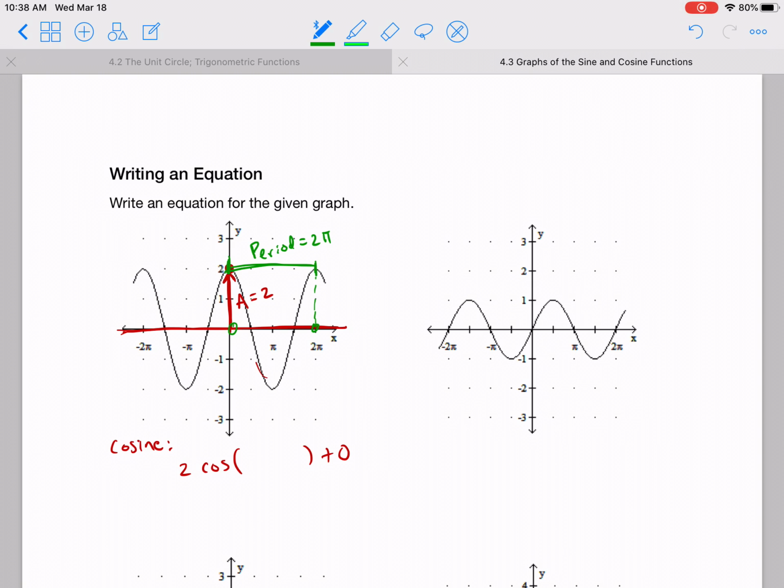And remember, the period is equal to 2 pi over b. So in this case, our period is 2 pi equals 2 pi over b, which means ultimately that b equals 1. And so we can plug that value in. We can go ahead and plug in 1 right there.